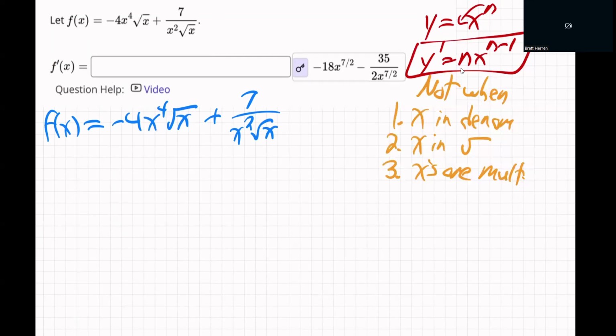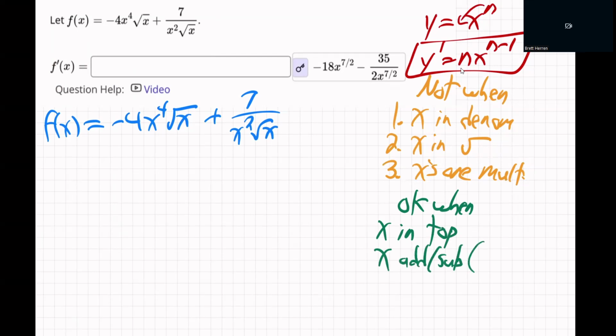It's only okay when x is in the top, x added or subtracted, but not multiplied by other x's.